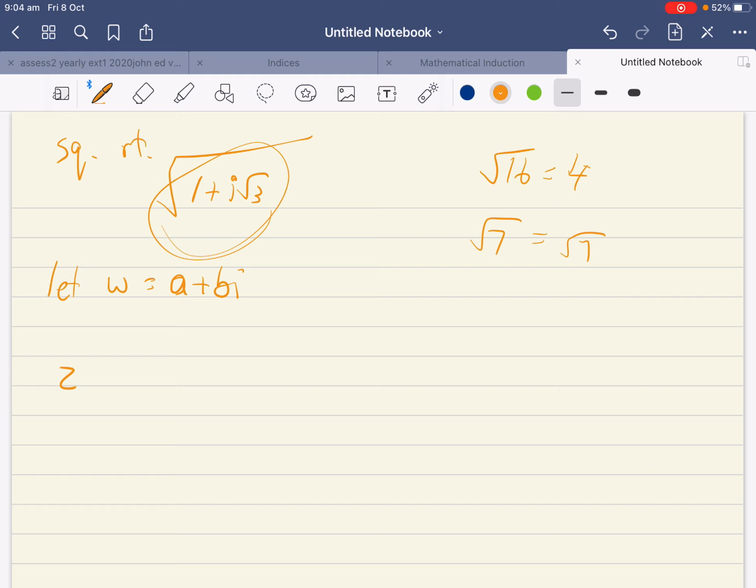So in other words, what that means is, if W is the square root of this, then W squared would be 1 plus i root 3. Do you agree?